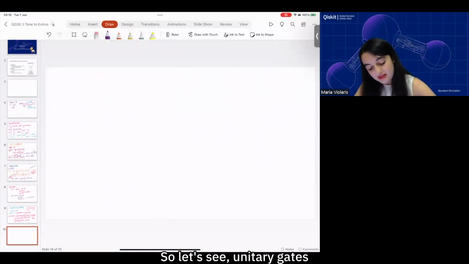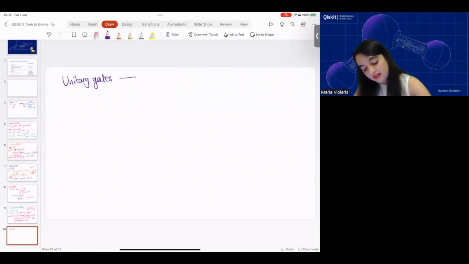So let's say unitary gates and Hamiltonians.